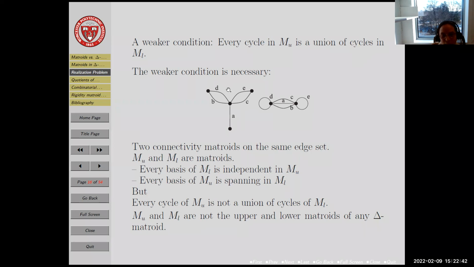But every basis of the lower is actually independent in the upper, and every basis of the upper is spanning in the lower. So the cycles are not a union of cycles in the lower matroid. And we know that there is no delta matroid that has these 2 connectivity matroids as upper and lower matroid.